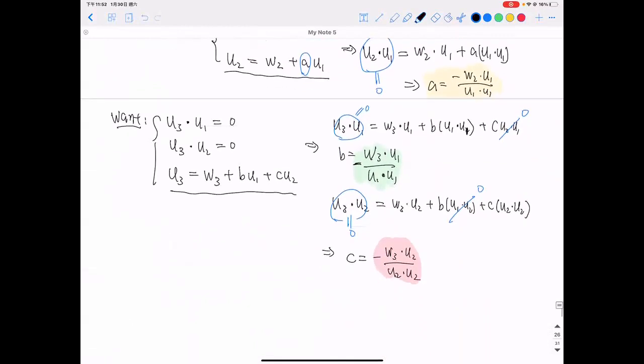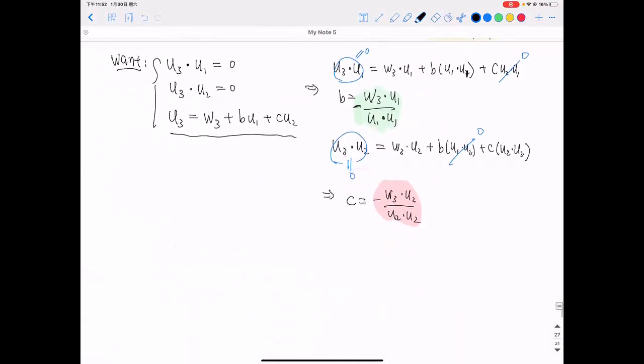Okay, and we can do this in general. In general, we want Ui to look like Wi plus the sum of A_k U_k, k going from 1 to i minus 1.